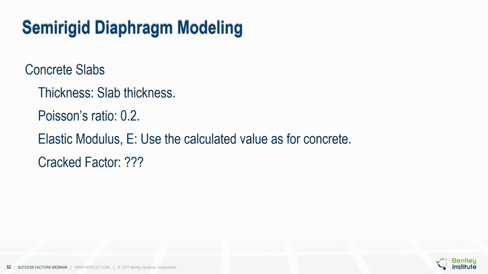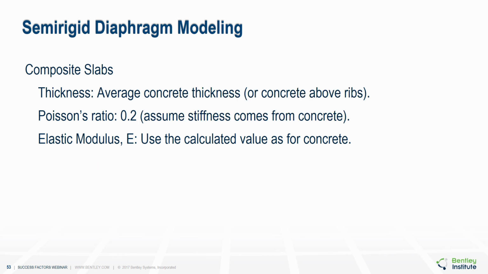The elastic modulus E is as calculated for that concrete, and then you consider whether or not you need to apply crack factors. For a composite slab, concrete fill on metal deck, use the average concrete thickness, or conservatively use the concrete above the ribs. For Poisson's ratio, use 0.2 as for concrete.